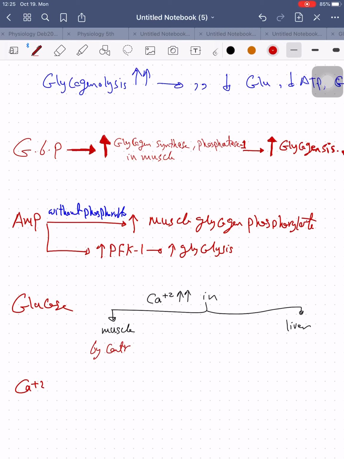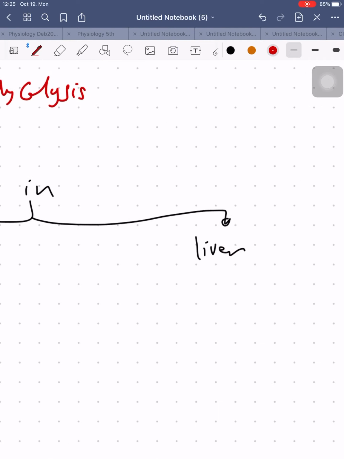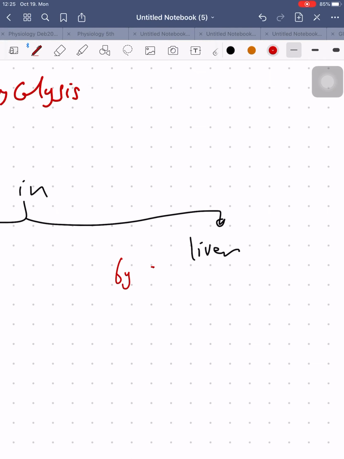You know how the calcium is released in muscle? We study this in physiology in detail. In liver, it's by epinephrine binding to alpha 1, which is Gq. So what happened now? Increasing of IP3, and IP3 increases calcium.